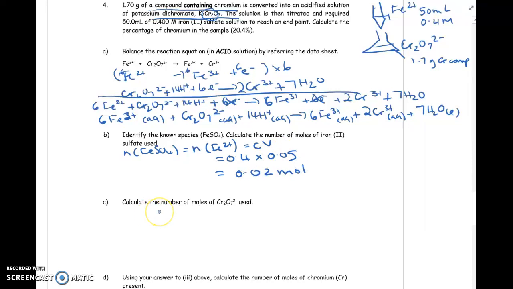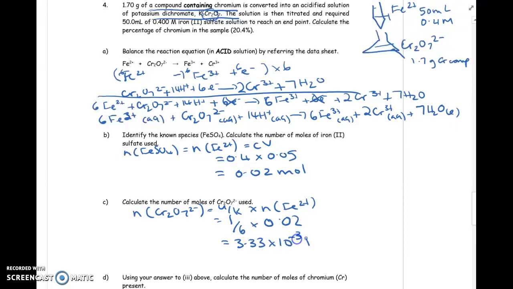Now it says calculate the number of moles of dichromate, so this is our unknown. So the number of moles of dichromate equals unknown over known times the number of moles of iron 2, which in this case the unknown for dichromate is 1, the known is 6, times 0.02, and this comes out to 3.33 by 10 to the negative 3 moles.